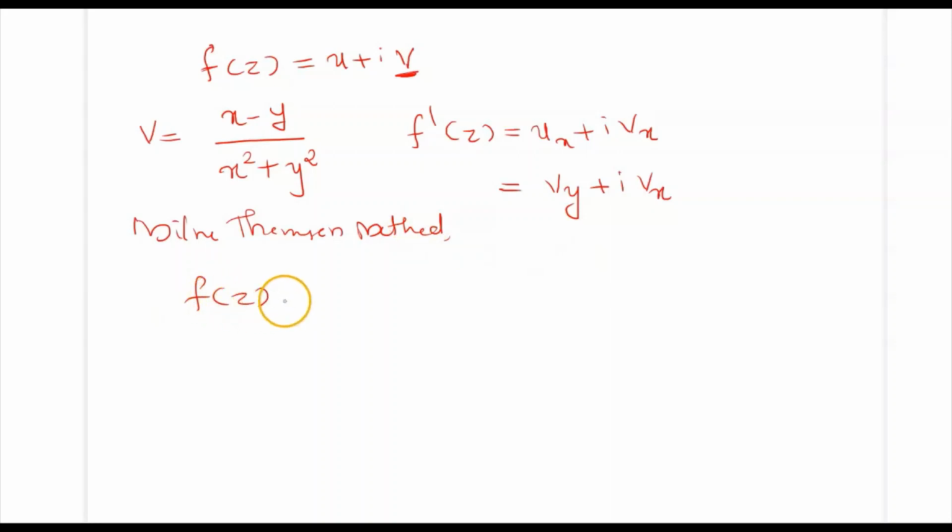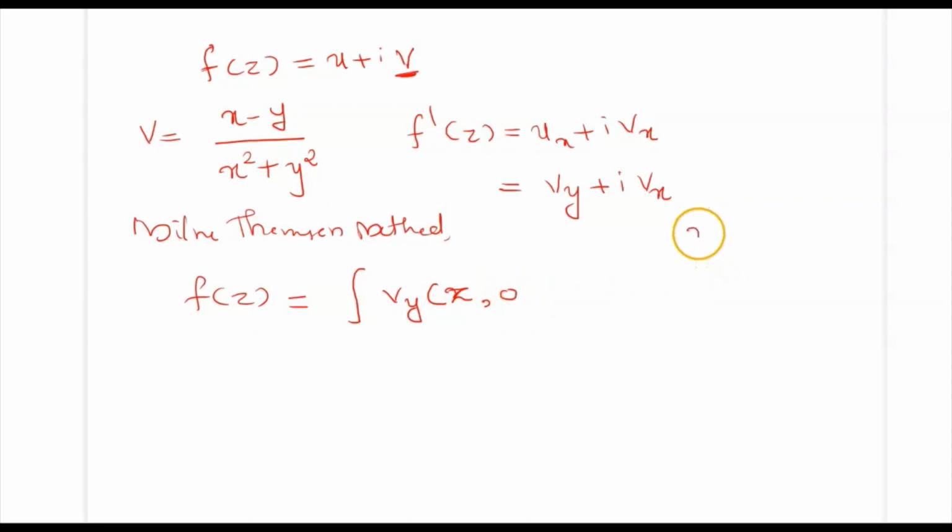f of z, by the Milne-Thomson method, is equal to the integral of vy, where instead of x we put z, and instead of y we put 0.